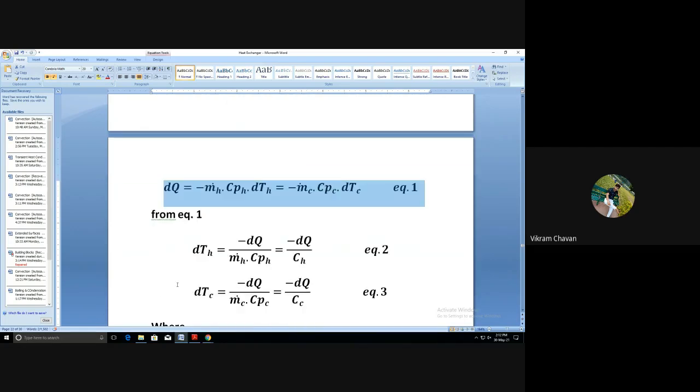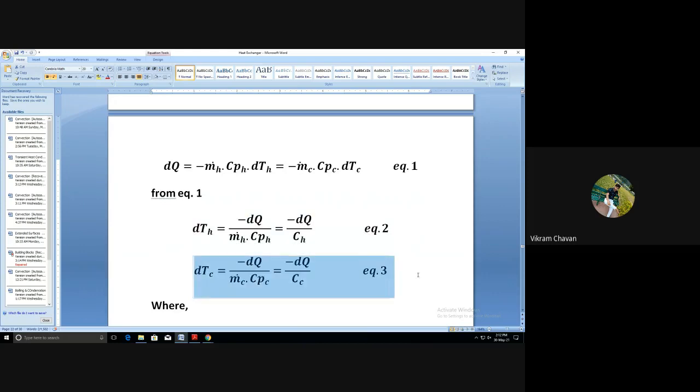Therefore, from equation 1, we can write dth is equal to minus dq divided by m dot h multiplied by cph, which is equal to minus dq divided by ch. And dtc can be written as minus dq divided by m dot c multiplied by cpc, which is equal to minus dq divided by cc.